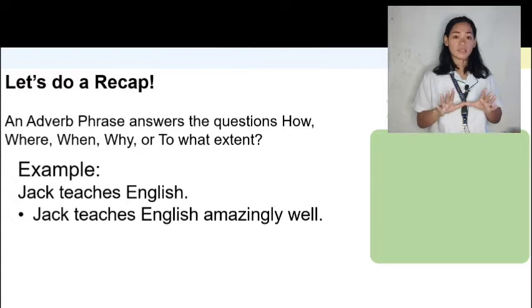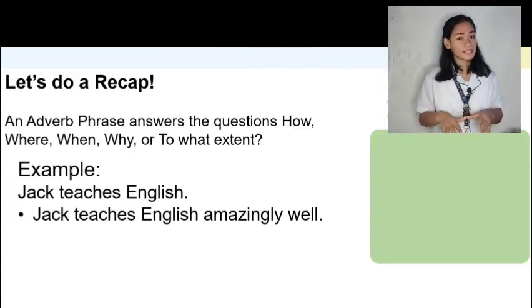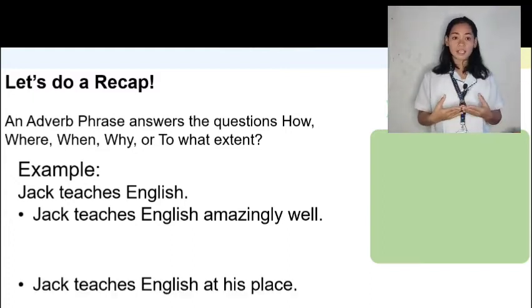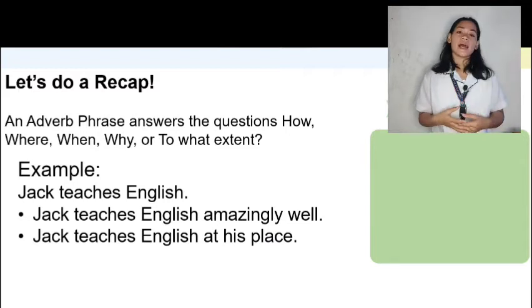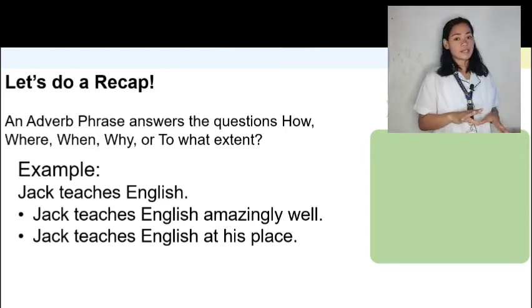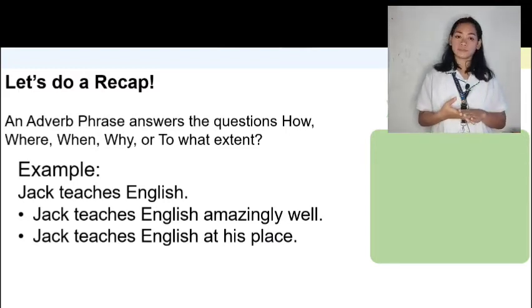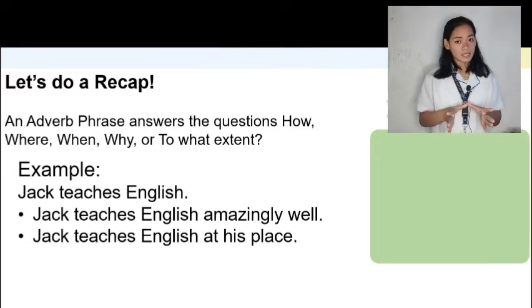And if I wanted to give information about the place of the action where Jack teaches, I'll say, Jack teaches English at his place. At his place is the adverb phrase because it gives information about where Jack teaches.